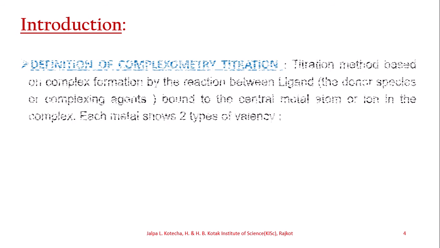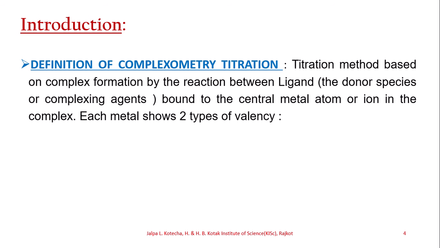So first we will see what is a complexometry titration. This is the titration method which is based on the formation of a complex. Now how is the complex formed?